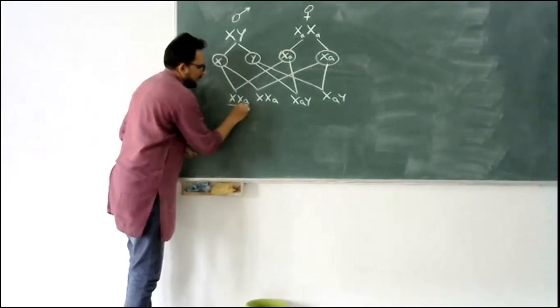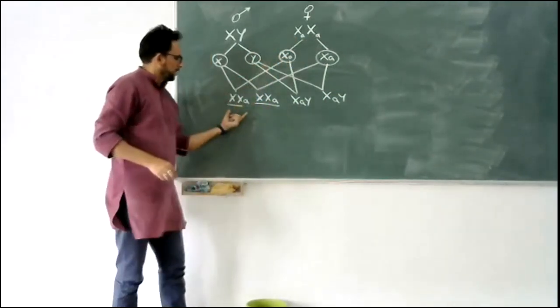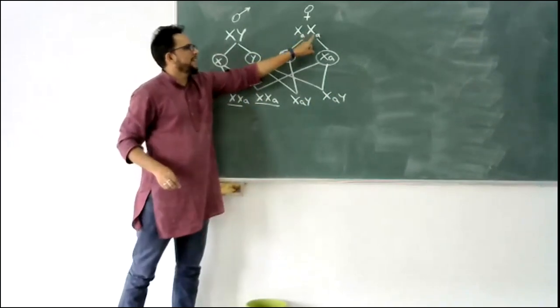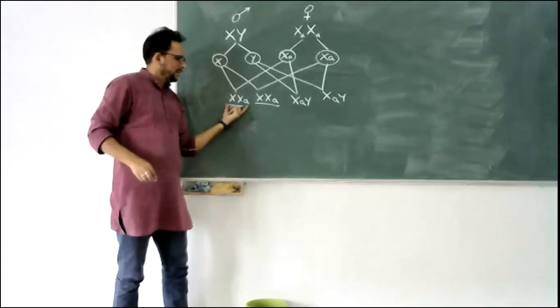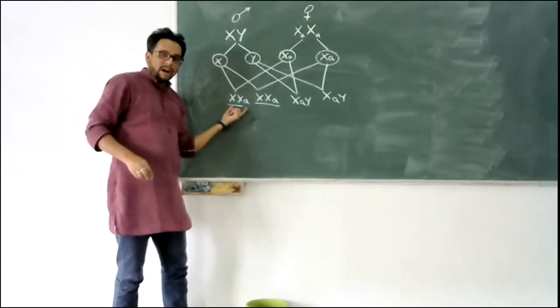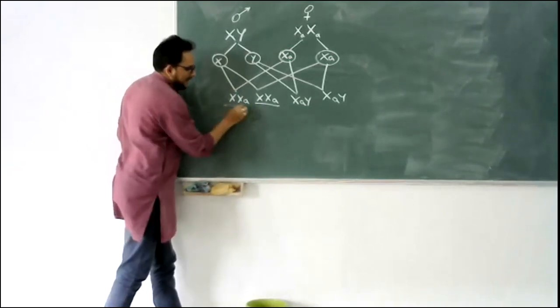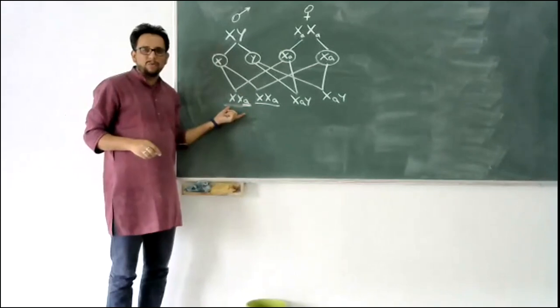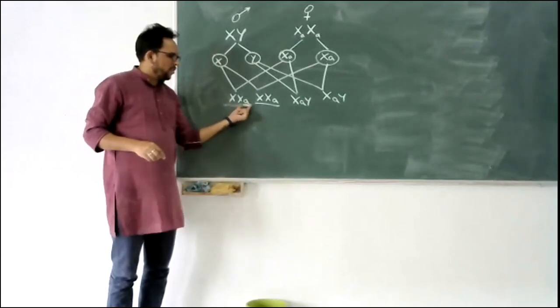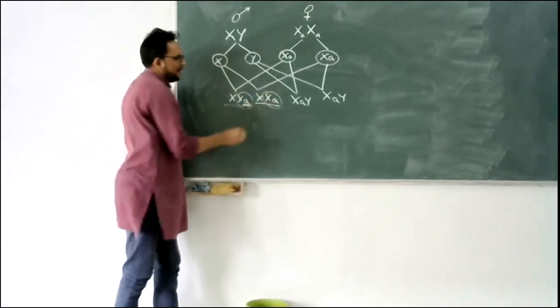Now, when these daughters are born, they are carrying. Mother was affected, that is both dominant genes were present. Otherwise the daughters would have been carriers. But remember, this A stands for the dominant allele of the X chromosome linked to it. So if it is dominant, that means this allele will get expressed. Same here, this allele will get expressed.